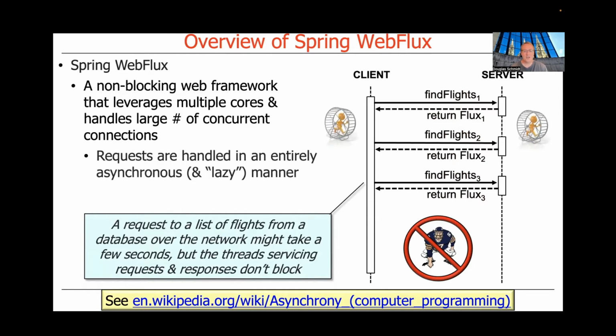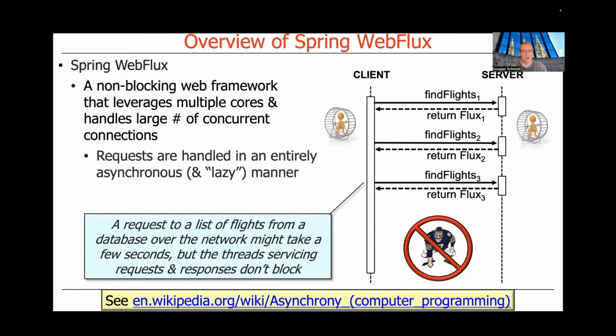What you're going to do is have the whole client and server model not block. The threads that service the requests and the threads that service the responses don't block directly, thereby making it possible to have a much larger number of requests going on without chewing up as many threads.